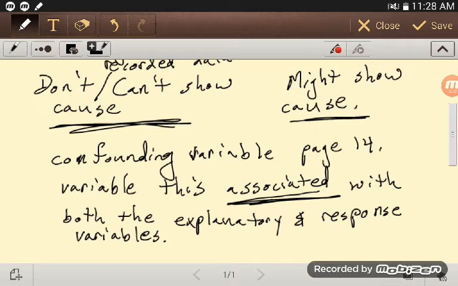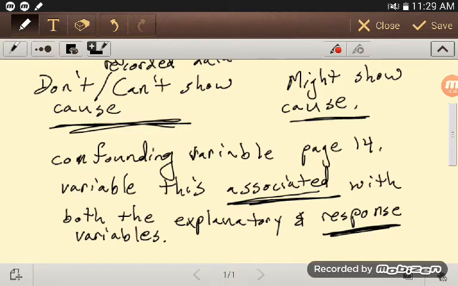Now, they say with both the explanatory and response variables, and that's also not quite right. It's associated with at least one of the two, and most likely, if it's truly a confounding variable, it's associated with the response.